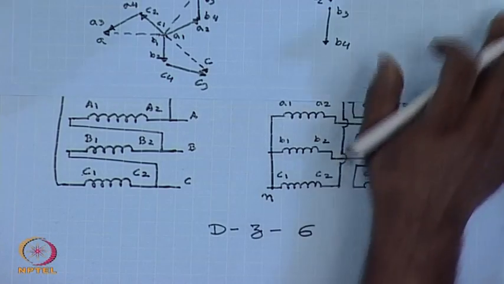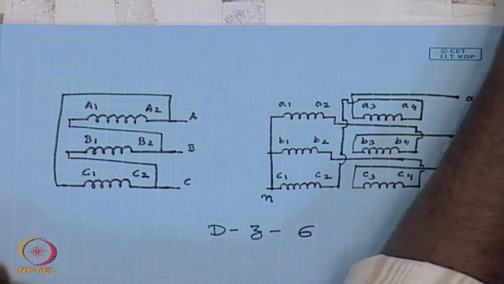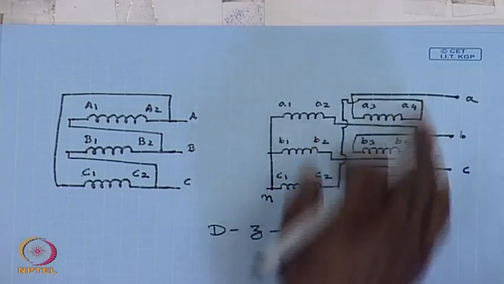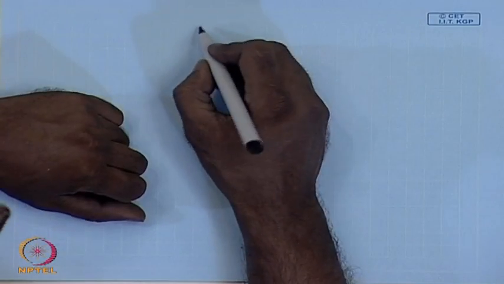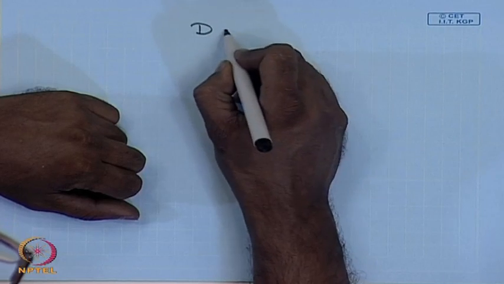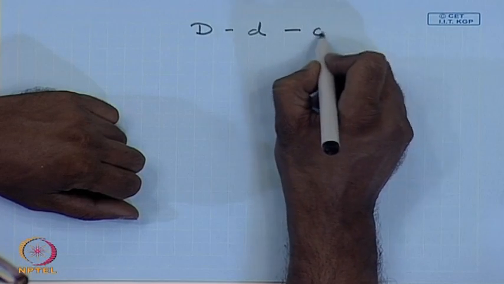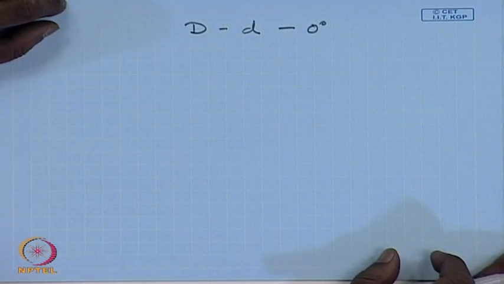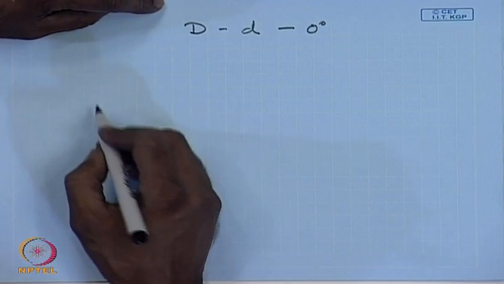In similar manner, remaining connections can be easily drawn. Let us say what will be DD 0.